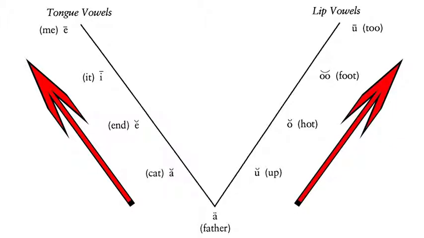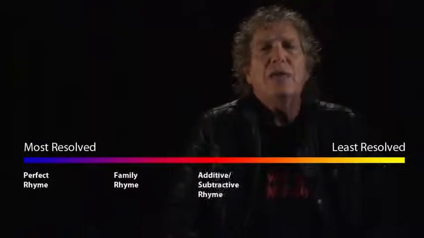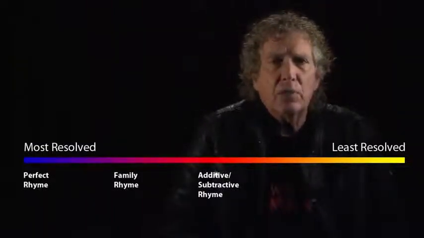The W sound is the extreme of the lip vowel leg of the vowel triangle. So those consonant sounds don't figure into family rhyme, but they certainly, at least the L, the R, will figure into what we're doing now, which is called additive and subtractive rhymes.